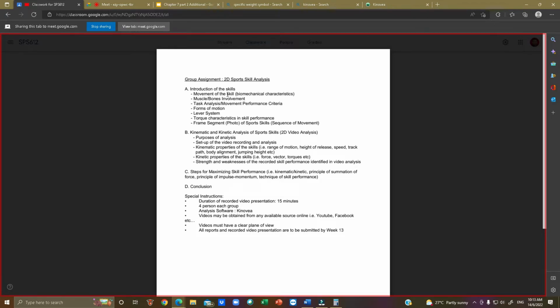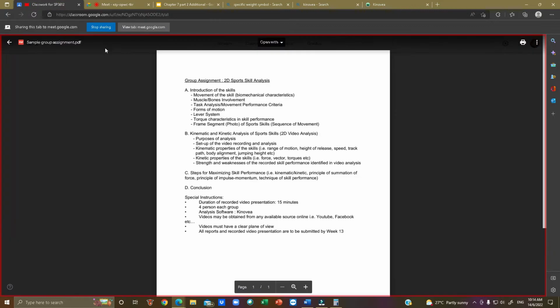And then based on that, you need to talk about the muscles involved and the bones involved in the execution. Task analysis ni, movement performance criteria, parameters of the action, form of motion. You need to talk about the mechanical basis and anatomical basis of human motion, where you observe the skill, frontal ke, sagittal ke, what kind of skill, flexion, extension, hyperflexion, all of those need to be explained in the first section.